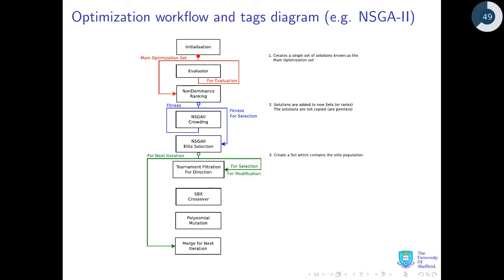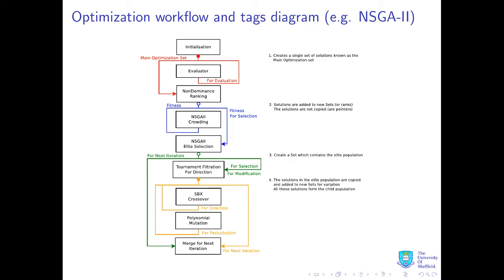Then we have the NSGA-II elite selection, which knows which solutions should go into the elite population because they are organized by ranks. Before the elite selection, there's also NSGA-II crowding, which is modifying those sets from non-dominance ranking.